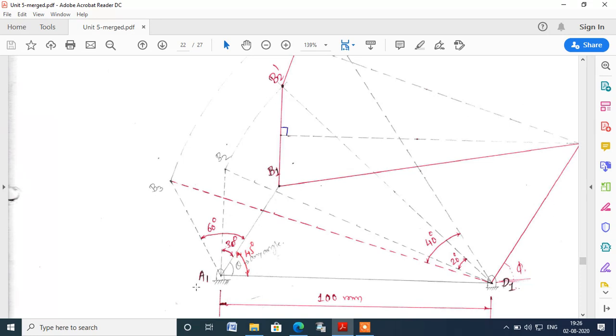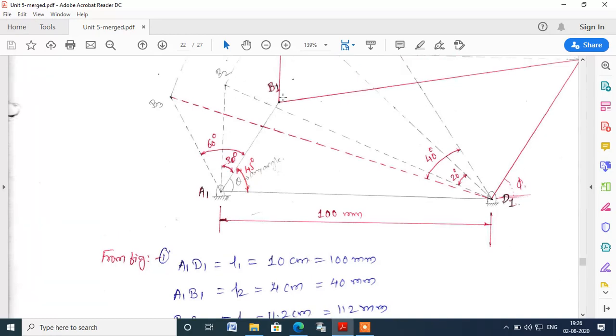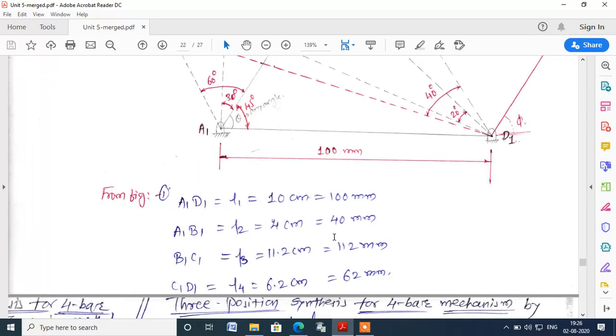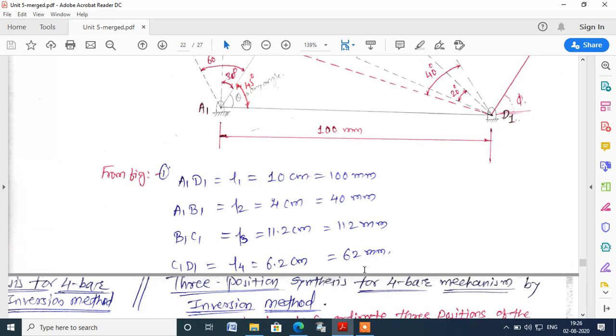So we will get required mechanism A1 B1, then B1 C1, then C1 D1 and A1 D1. Then measure the length. So already A1 D1 L1, that is 10 cm, 100 mm. Then A1 B1 we have taken 40 mm, so L2 is 40 mm. Then measure B1 C1. So I got this 112 mm. Then C1 D1. So I got this 62 mm.